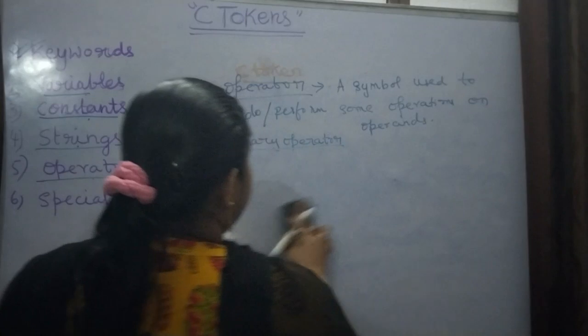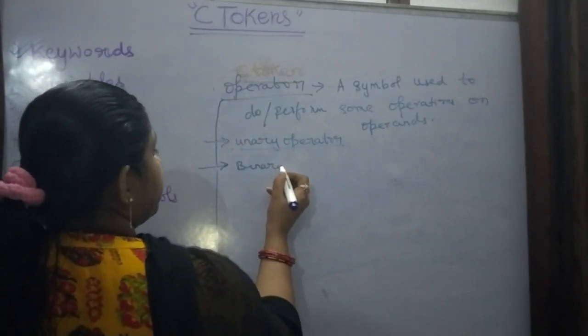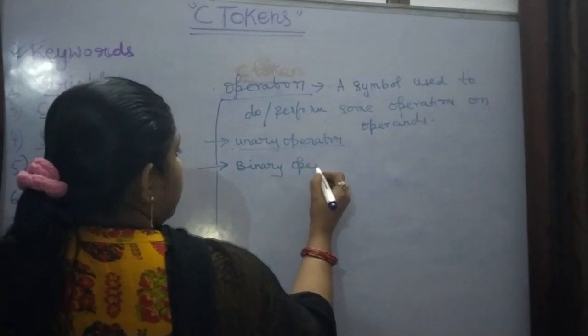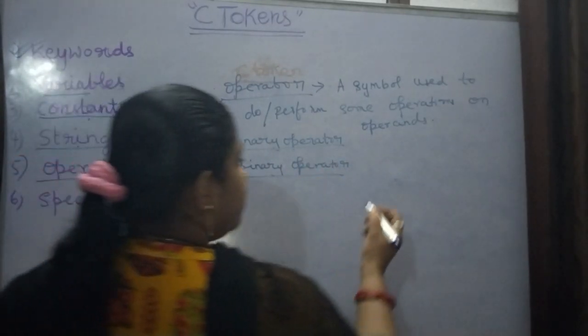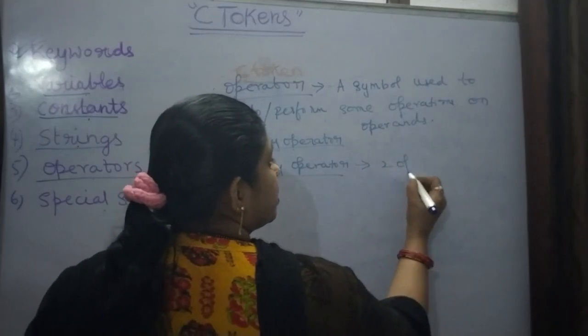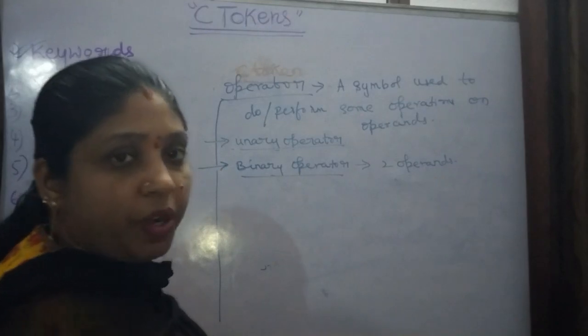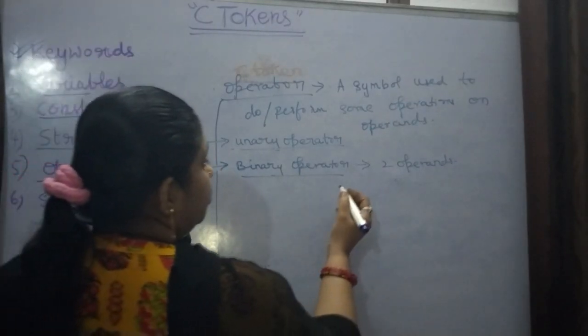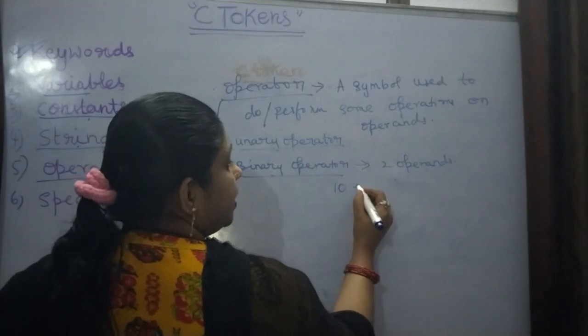Now the second operator is the binary operator, where you will be using two operands. For example, 10 plus 20.